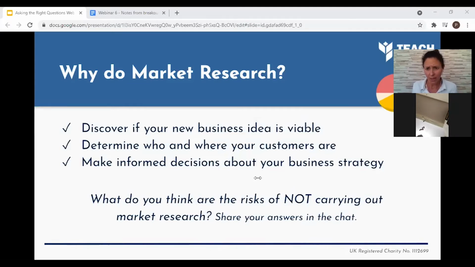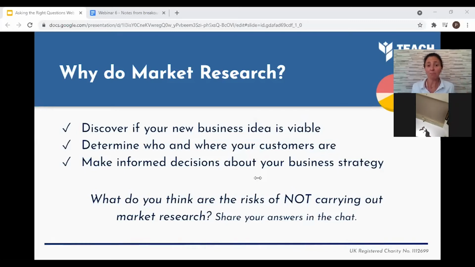But what do you think will happen if we just think our idea is the best ever, doesn't need any validation, and we just go ahead and deliver our business plan and carry on our business as we thought it'll be? What are the risks if we don't carry out any market research?